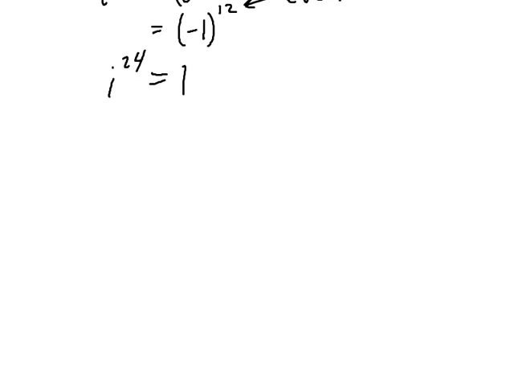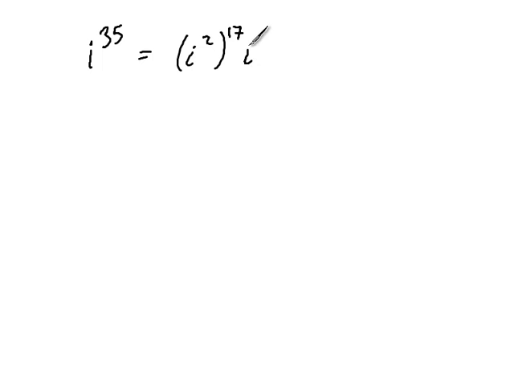Now what if we had i to the 35th? Okay, something like this. We still want to write it in terms of i squared. So 2 times what gets you close to 35? So 2 times 17 is 34, right?